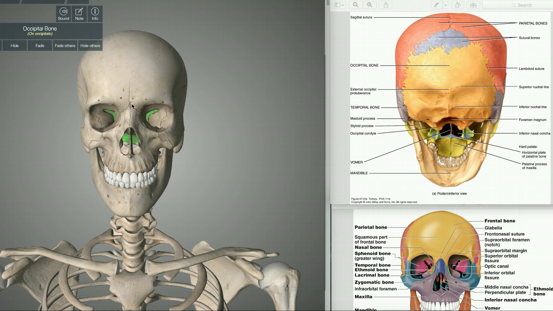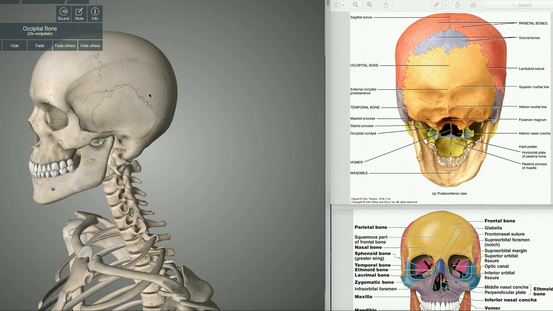A key part of the body which most people don't really recognize is this part here, known as the pterion, which I'm going to highlight with a pen. A pterion is simply where four bones connect together. You can see that the frontal bone connects to it, the parietal, the sphenoid, as well as the temporal bone.